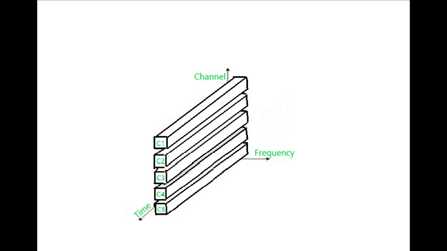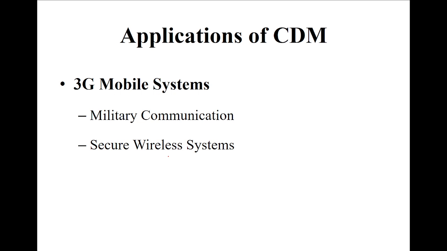Here, spreading codes, orthogonality, higher capacity, more secure, complex receiver design. Examples may be 3G mobile systems and military communication secure wireless systems. We can say that all people speak in the same room at the same time, but each speaks a different language.